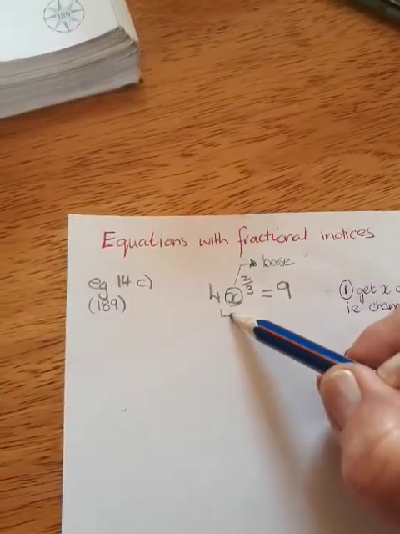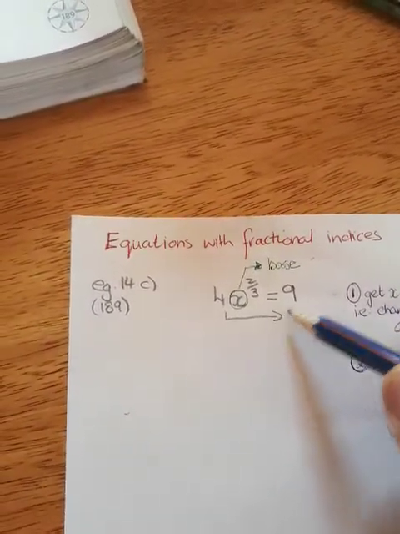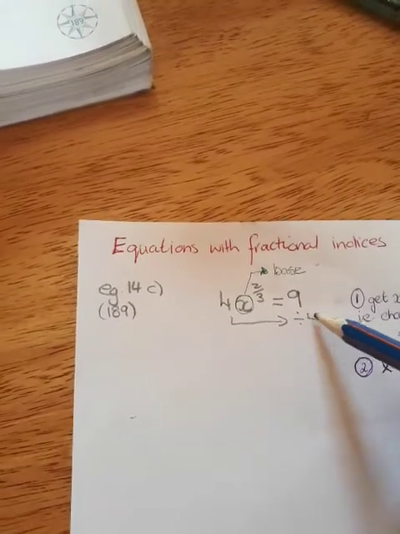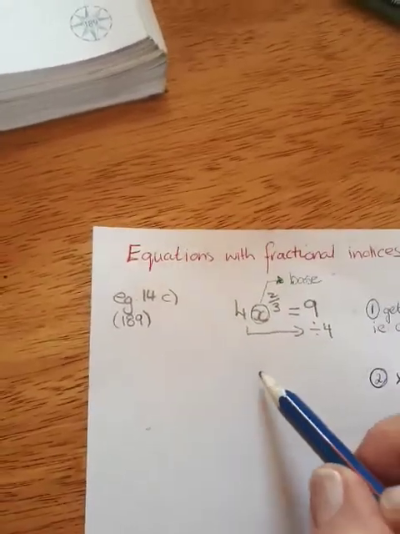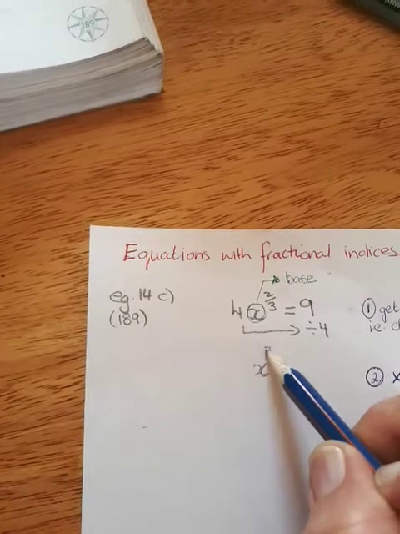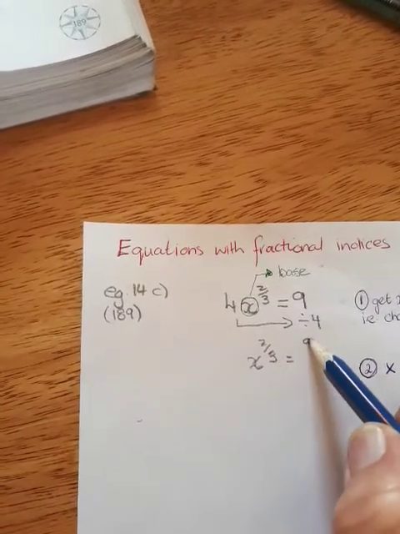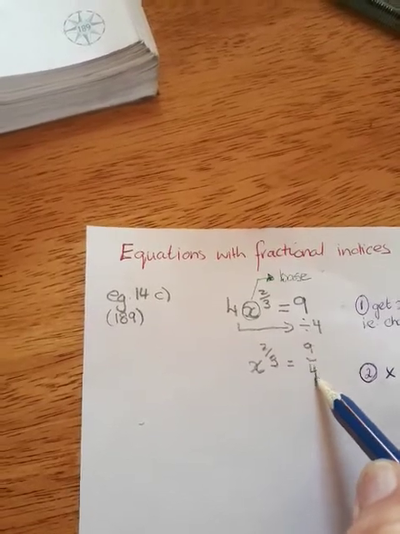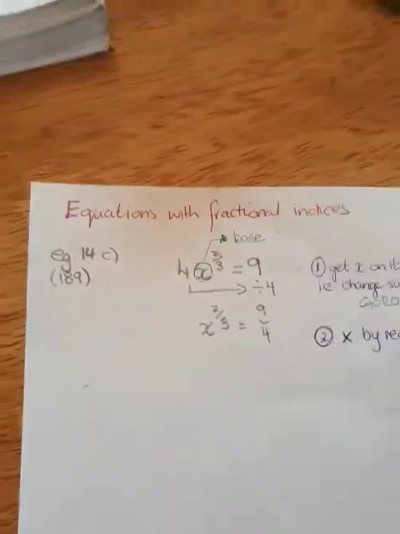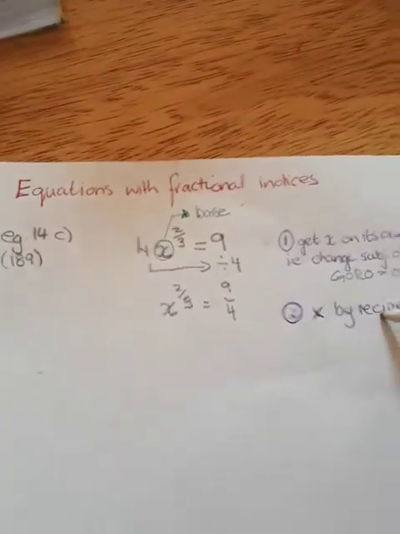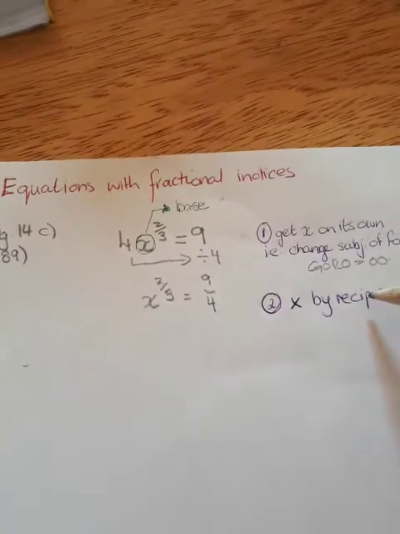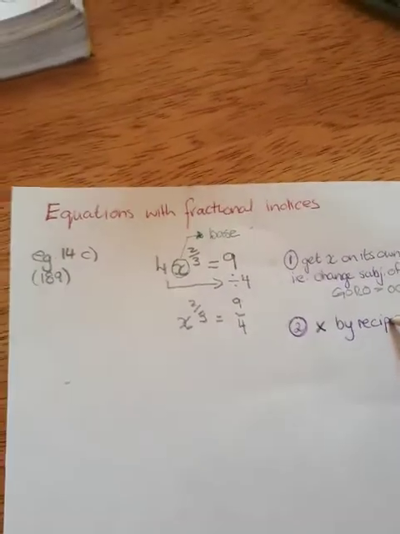So you will take over the 4 by doing the opposite operation, which is divide by 4. So that will give you x to the power of 2/3 equals 9/4.